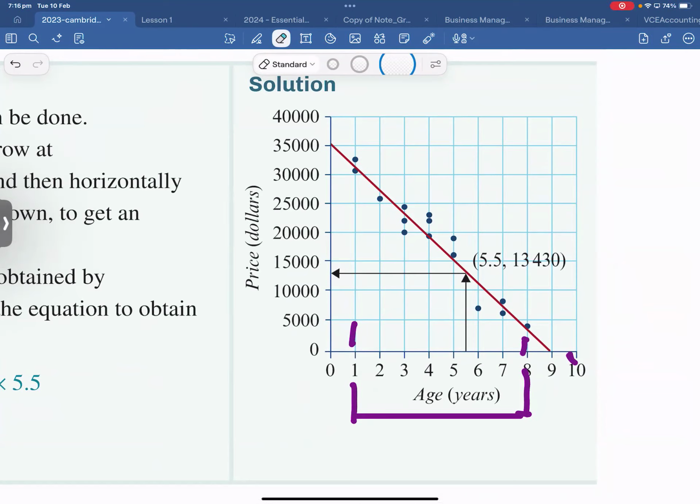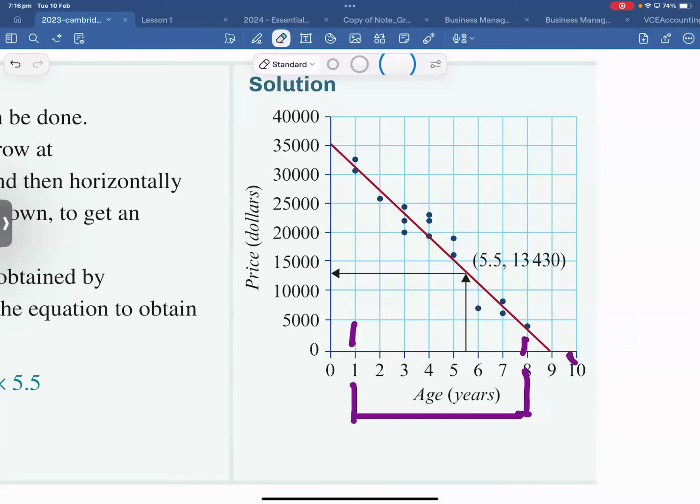So what are we trying to do here? We are going to develop an equation, or a relationship, between the age of the cars in years and their values. Obviously, we know the value of our cars will decrease as we use them.